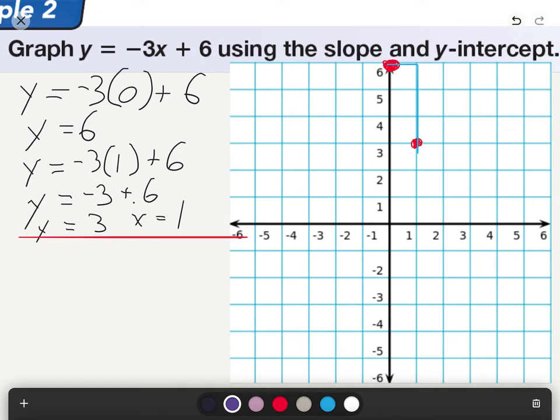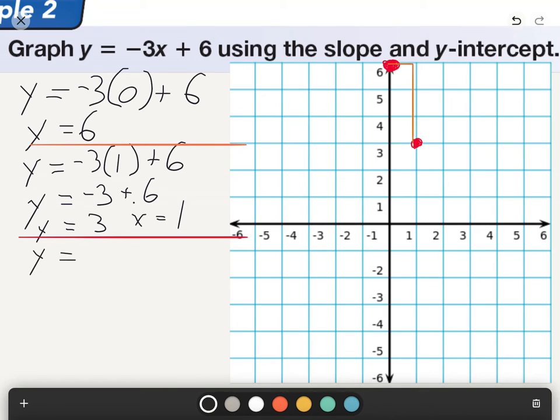Maybe get a better color for that. How about orange? But I'm going to do one more just to prove it. So this time, why don't we mark that off too?